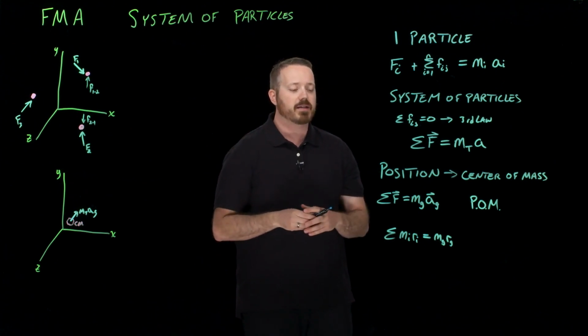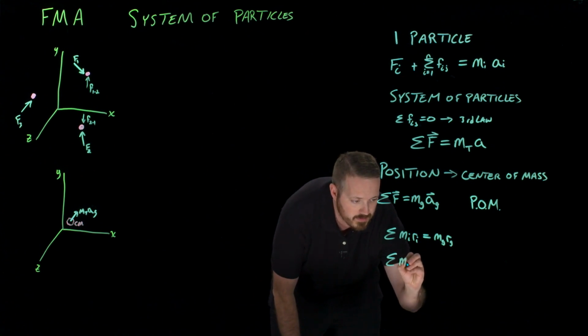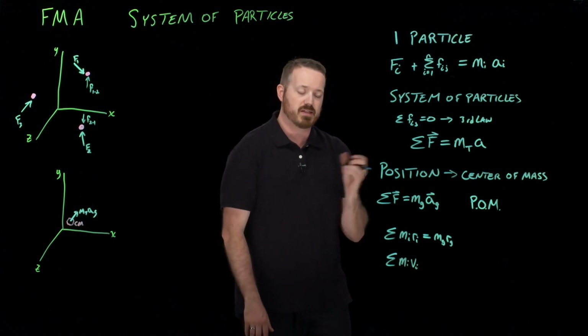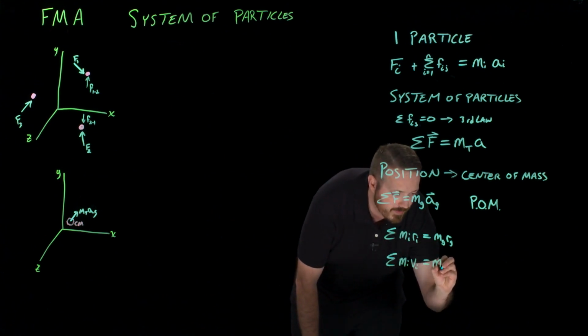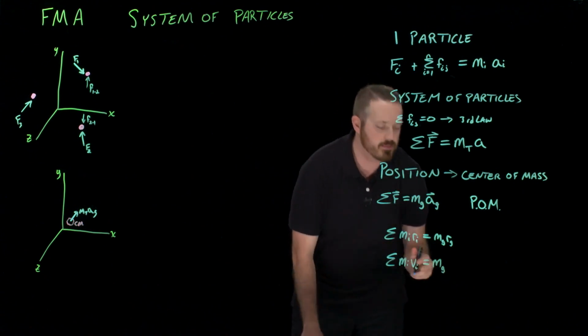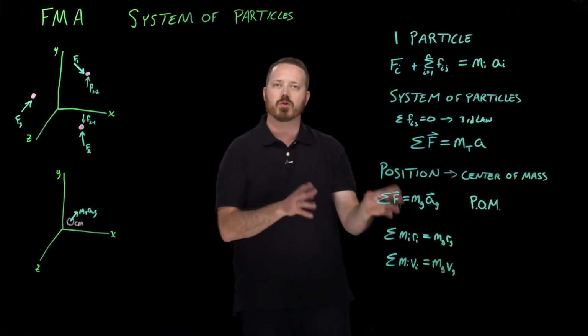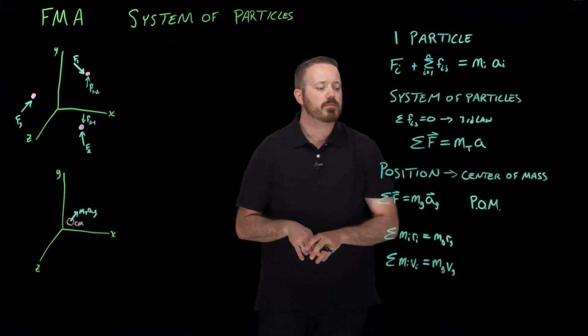But mathematically, that looks like the sum of all of the momentums from all the little particles, momentum being mass times its velocity, is equal to the mass of the center of mass, total mass, times its velocity. And of course, you can treat those both from a vector perspective.